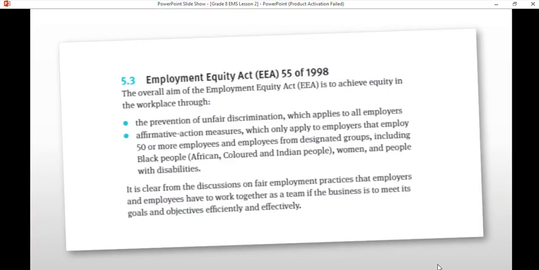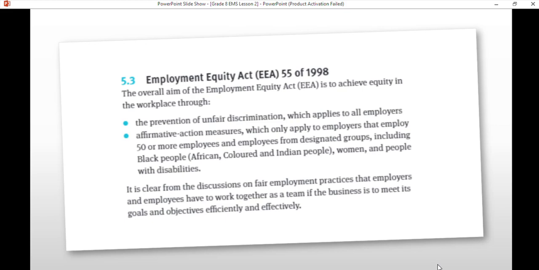Okay. Lastly, Employment Equity Act. The aim is to achieve equity in the workplace by preventing unfair discrimination and through affirmative action measures. And that means you can apply only a specific person of a specific race. And normally the order would be African, colored, and Indian people.